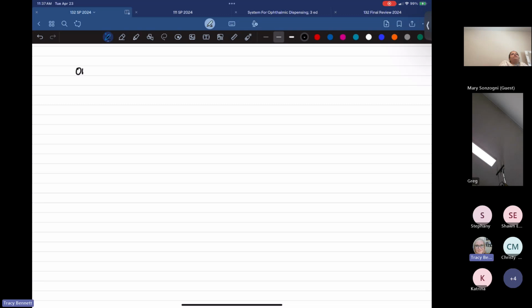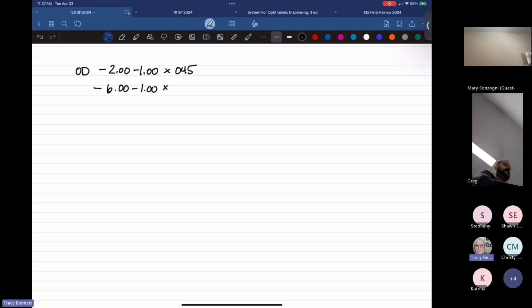That was where you have a difference in prescription between one eye and the other. So let's say we have one eye with a -2.00 -1.00 at 45, and we have another eye with a -6.00 -1.00 at axis 150.